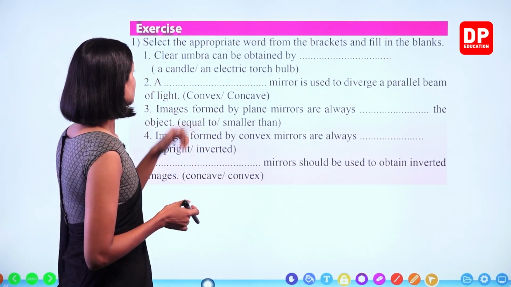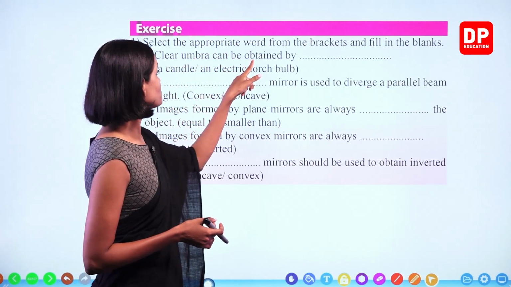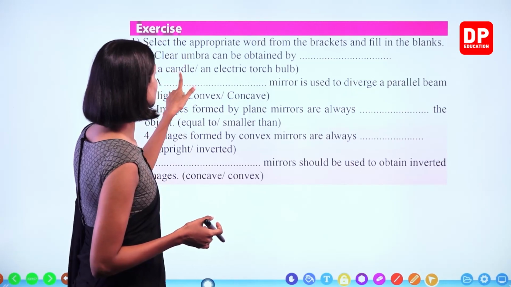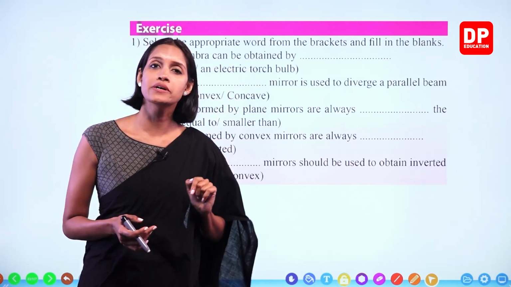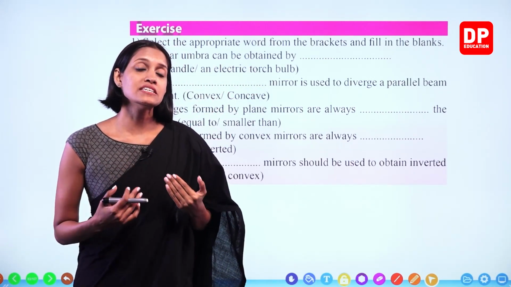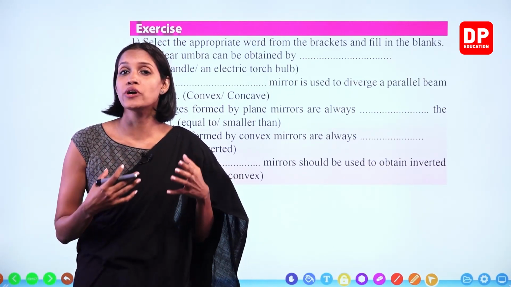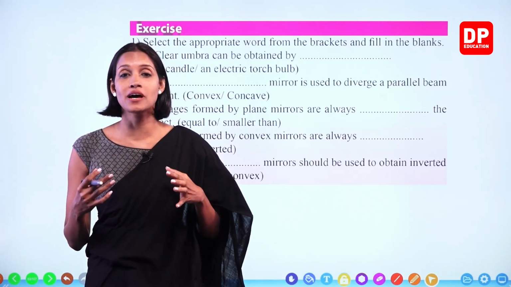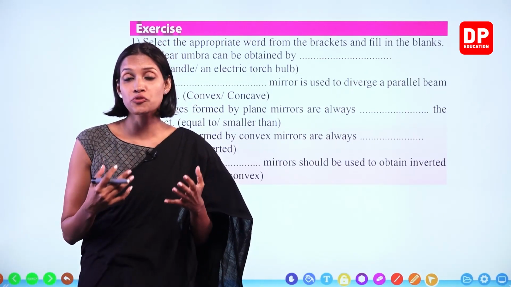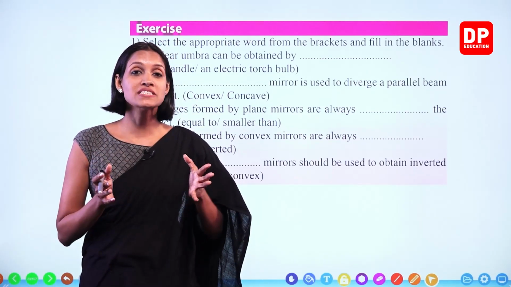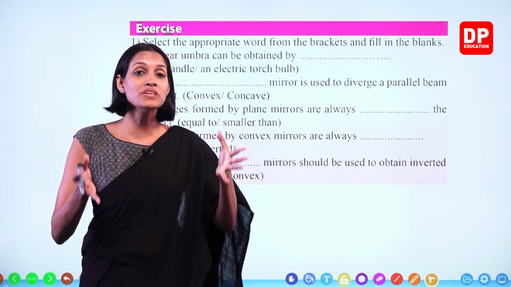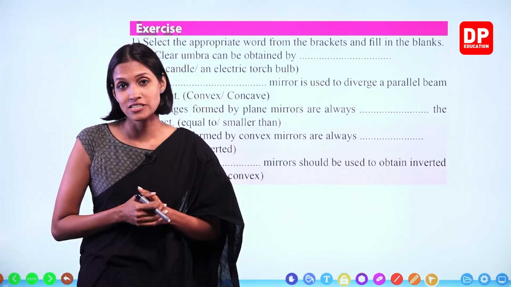Number 1. Clear umbra can be obtained by a candle and electric torch bulb. Now, when we consider the formation of umbra, you all know that the shadow has two parts, umbra and penumbra. A penumbra is formed because light rays escape from the sides of the object, right?